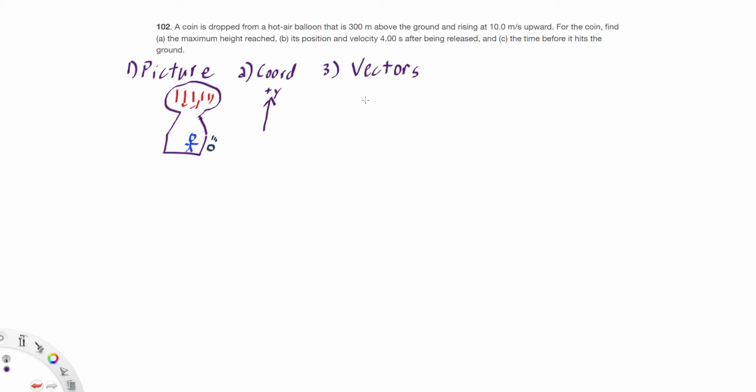So the initial height that we are at the beginning of this problem is 300 meters. The initial velocity is 10 meters per second. And the acceleration that the coin is experiencing is minus 10 meters per second squared, where I've just decided to round g to 10 because 9.8 looks messy.